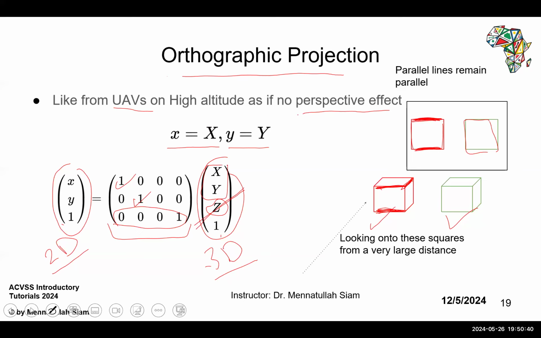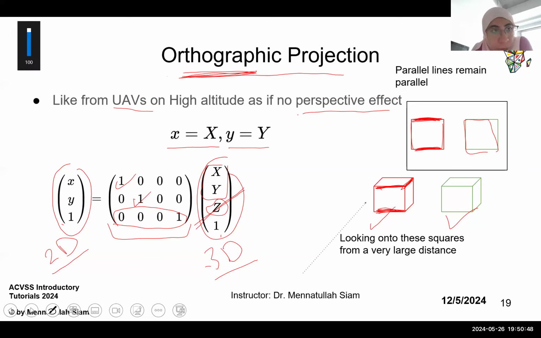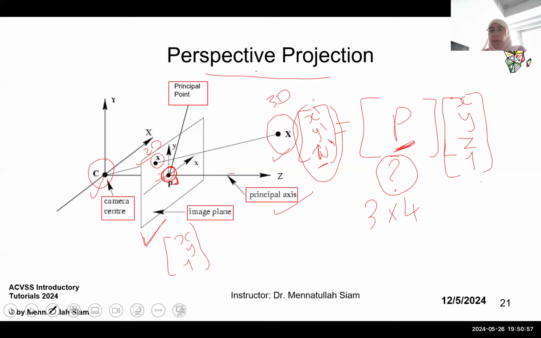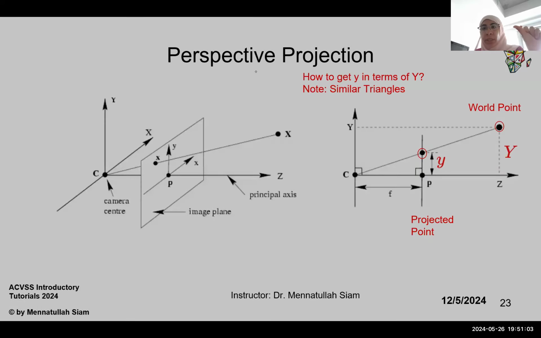Now we are talking about Z, and that's why we are normalizing or dividing over it. So this is how the pinhole model works: you need to divide by the depth.